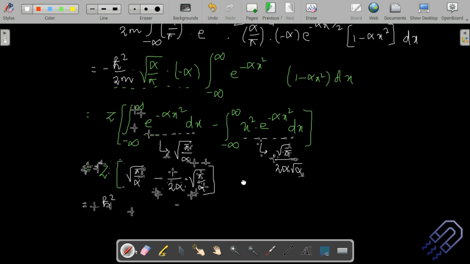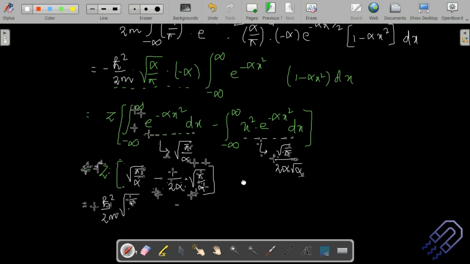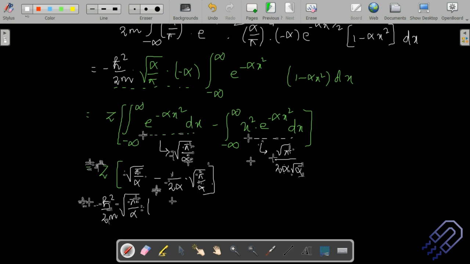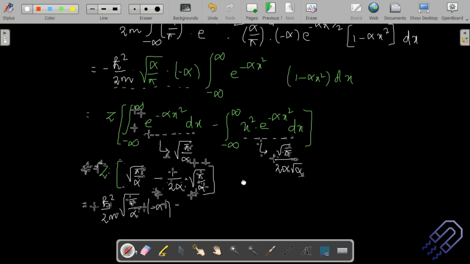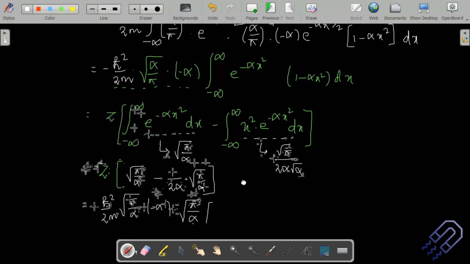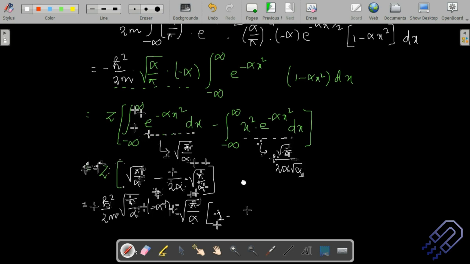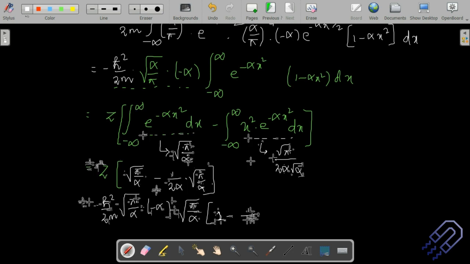Minus h cross square by 2m, root of pi by alpha into minus alpha, that's my z, into, I can take this root of pi by alpha outside. Pi by alpha is the bracket, this is 1 minus 1 divided by 2 alpha.